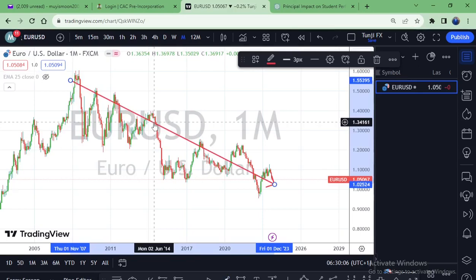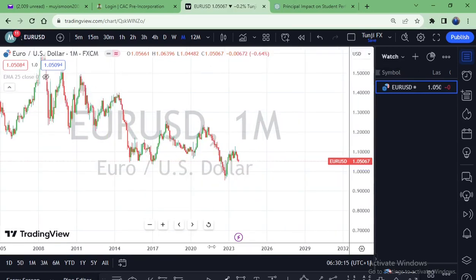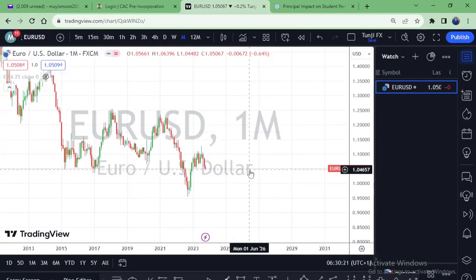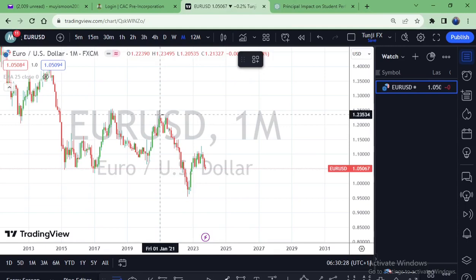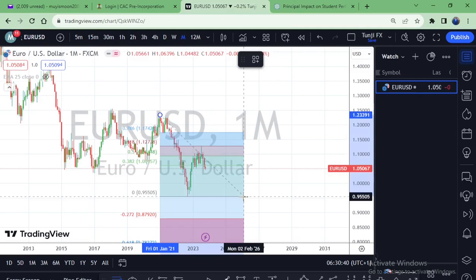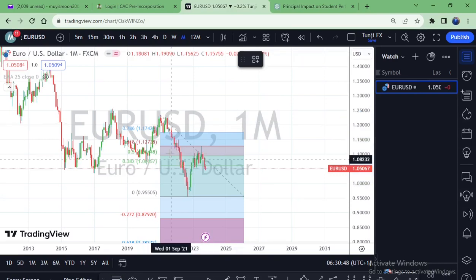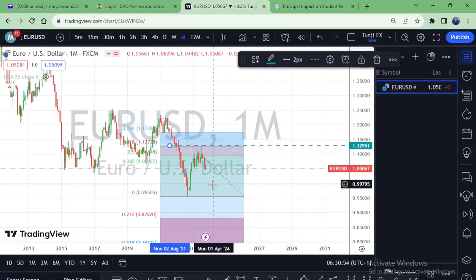Also on the monthly, we can easily identify, using our Fibs from the previous high, which formed the lowest low, you can easily see that the market targeted the 0.618 Fibonacci as a retracement point.